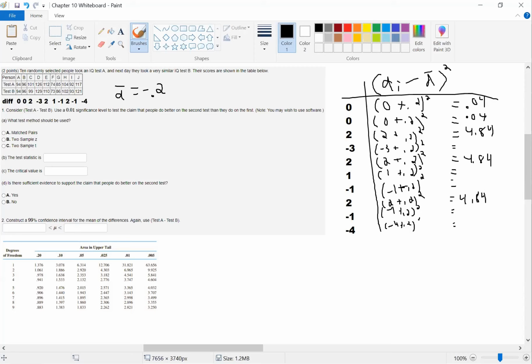Next one, we have -3 plus 0.2, square that. 7.84. Now we have 1. 1 plus 0.2, square that. I believe that's 1.44. Yes, it is.